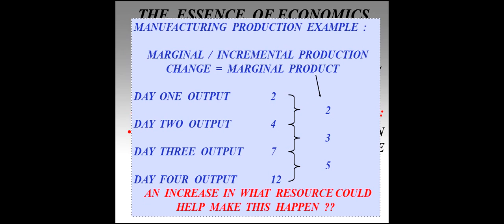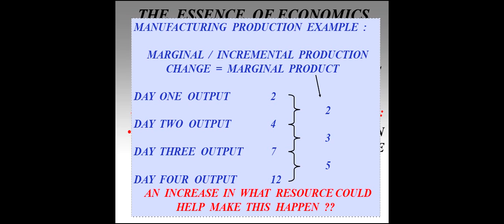Let's say you have a manufacturing company, you're manufacturing some kind of product, and you want to measure the marginal or incremental production change day to day to see if you're improving productivity and efficiency. So let's say you've just established this company and your day one output is 2 of the product that you're manufacturing. On day 2, your output is 4. Now, comparing day 1 to day 2, you see that there is an incremental change in total production of 2.